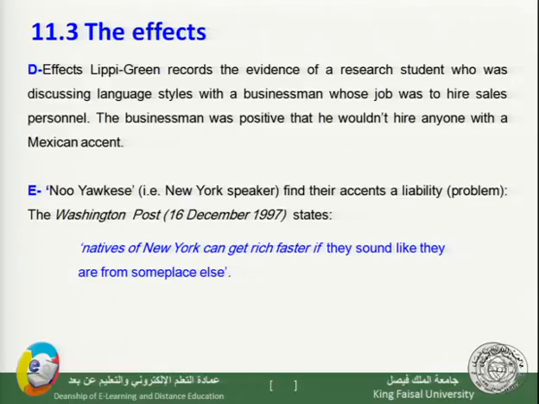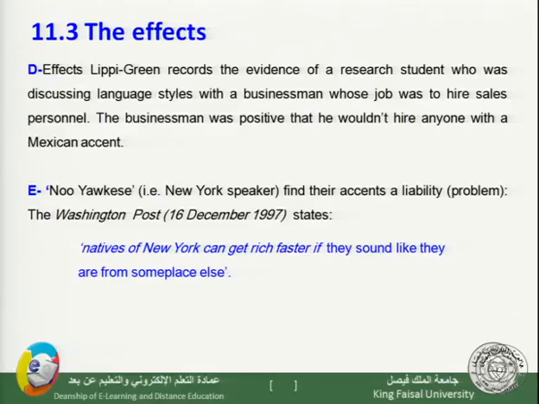A further example is about the speakers of New York, or New Yorkers. New York speakers find their accent a liability, a problem, where we have this quotation in the Washington Post newspaper on the 16th of December 1997, where the journalist reports that natives of New York, people who speak the dialect of New York, can get rich faster.